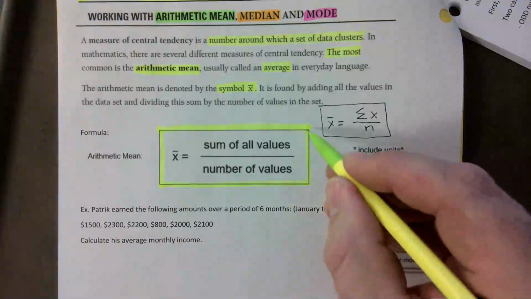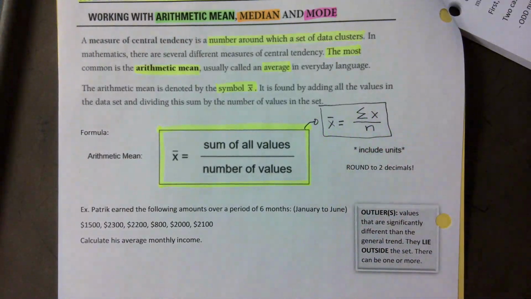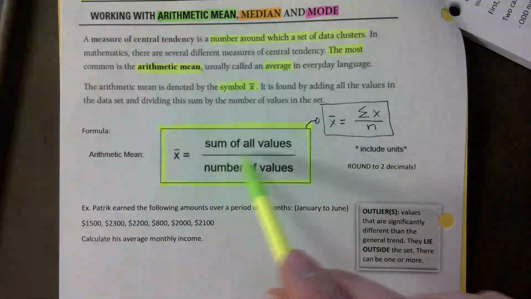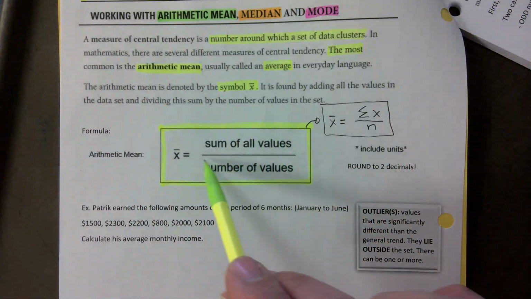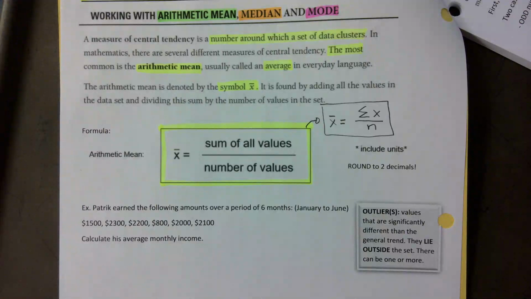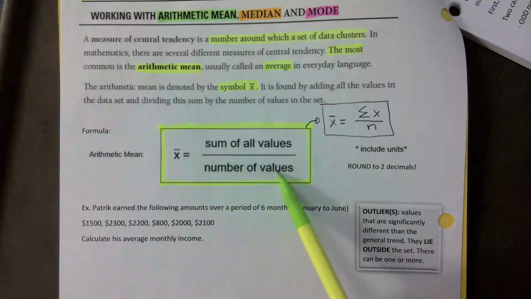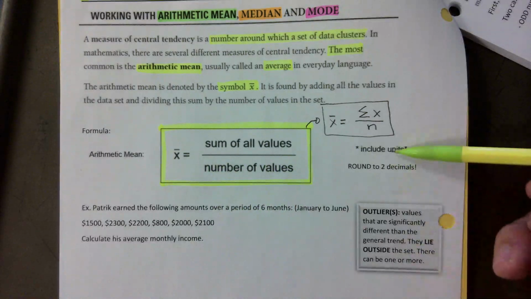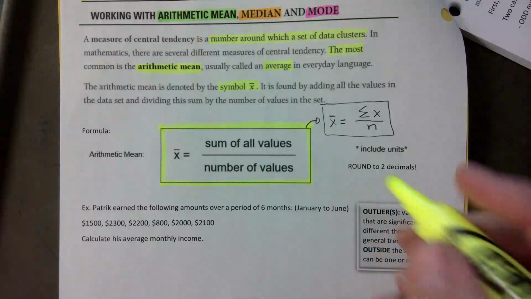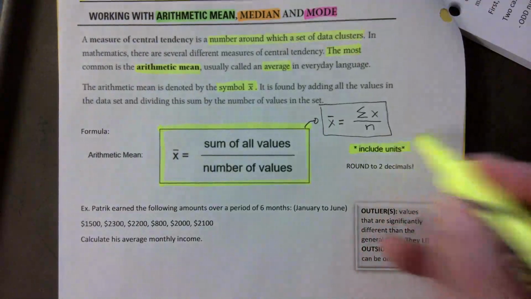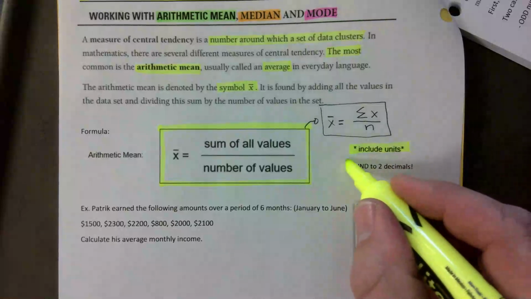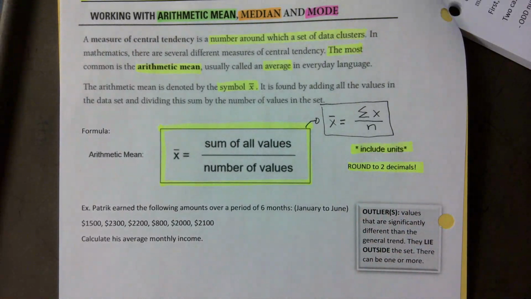That is the nerdy formula. It says the exact same thing. Add up all your values, get a number, and then you divide it by the number of values you've considered. So if it's 1,000 numbers you're adding, this bottom number would be 1,000, okay? Always include units. Please don't forget the units, whatever units are thrown at you, and round this to 2 decimals.